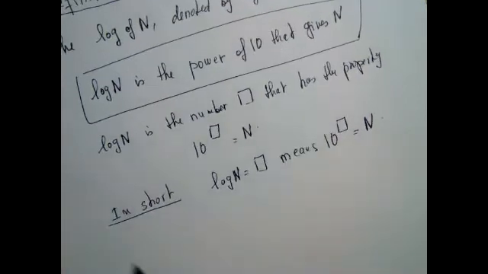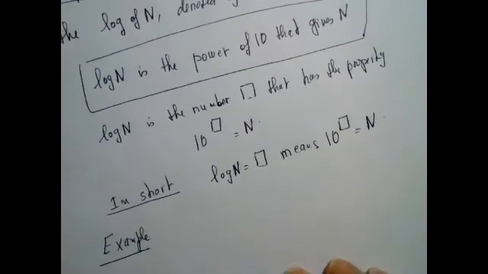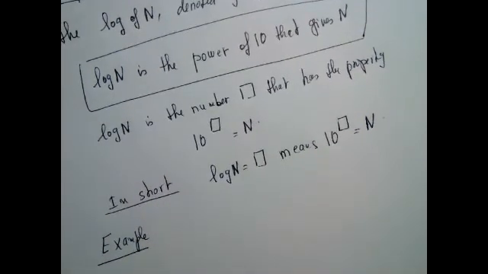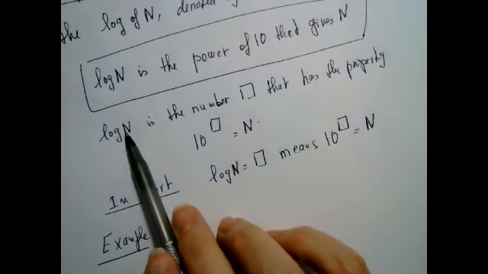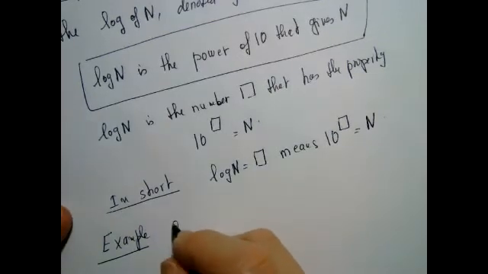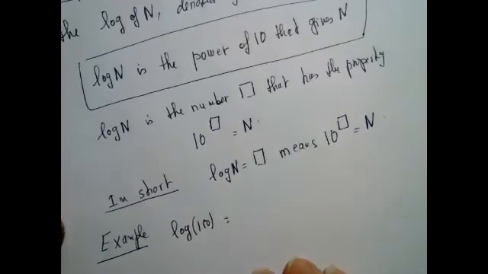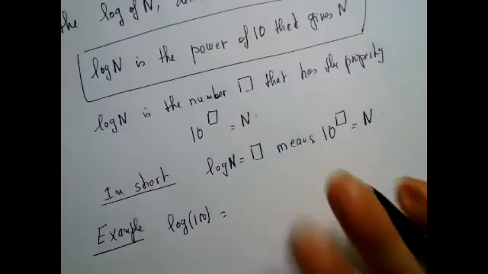So for example, a lot of examples. We're defining a new rule, a rule that to every positive number is going to assign something. We call it the log of this. So for example, suppose I ask you log of 100. What is the log of 100 according to my definition?